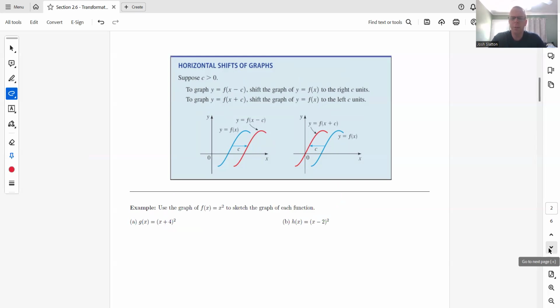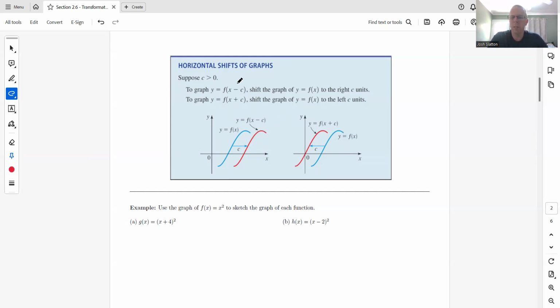The horizontal shifts, at least for me, were kind of the trickier ones to remember. I have to think of it as the opposite of the way you'd expect. You might think that x minus c would move it left because on the x-axis, the negatives go left. But that's actually incorrect. The minus c moves it right, the plus c moves it left.